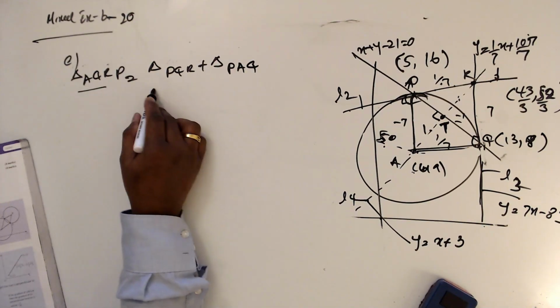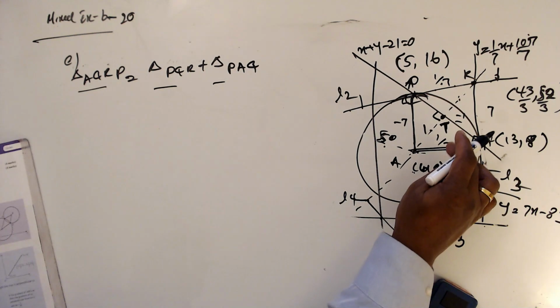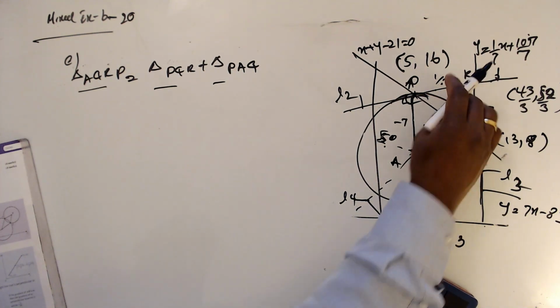This area means this one plus this one. Total area means this one plus this one.